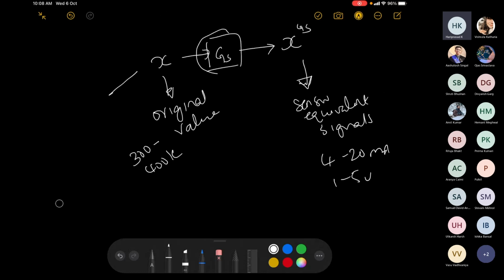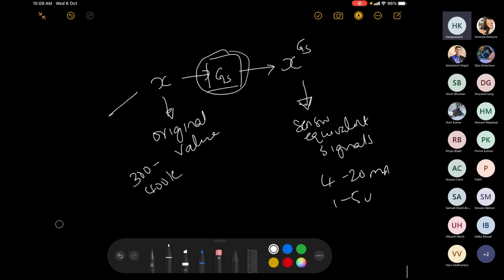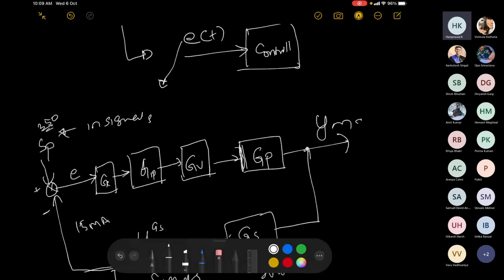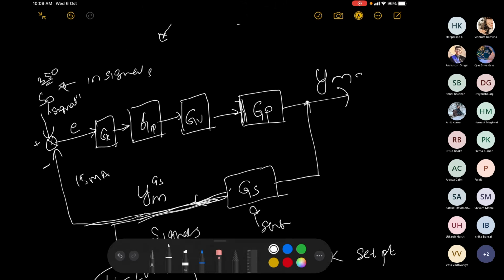You know the model of GS, and using it you convert to XGS. So you have to apply the same sort of transformation and apply the set point as a signal value, which would again be of the order of 4 to 20 milliamps or 1 to 5 volt. Then of course, both of them give the error. This error inside the control system is not really the true error.